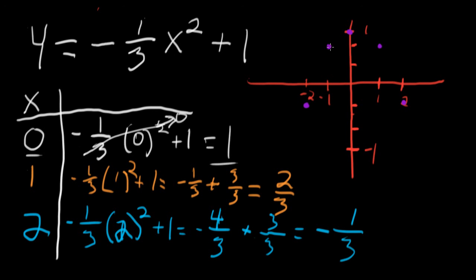Okay, so these are my points, and you'll notice that the negative has reflected it across the x-axis, or it's inverted the shape is another way of saying this. I've heard people call this a negative reflection, but that's not necessarily an accurate term.